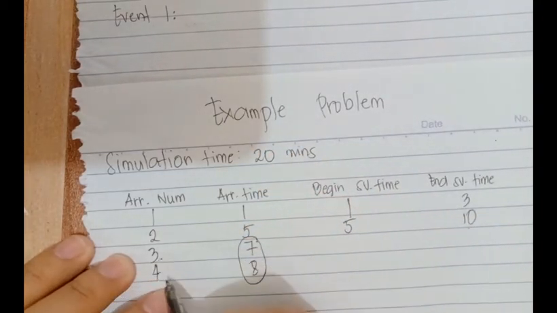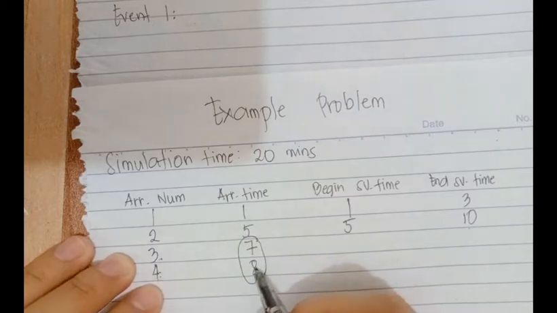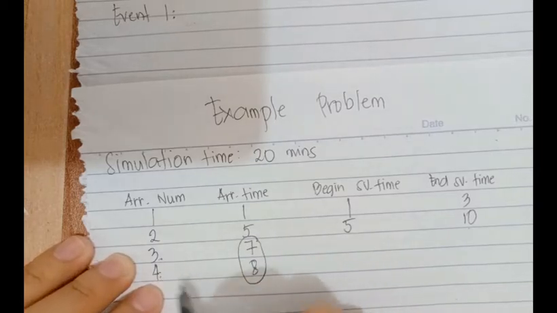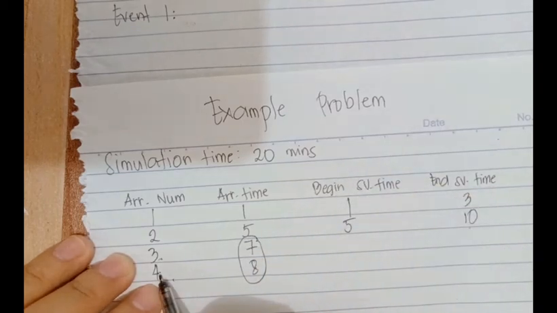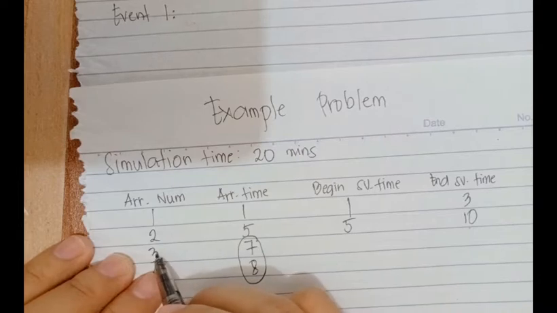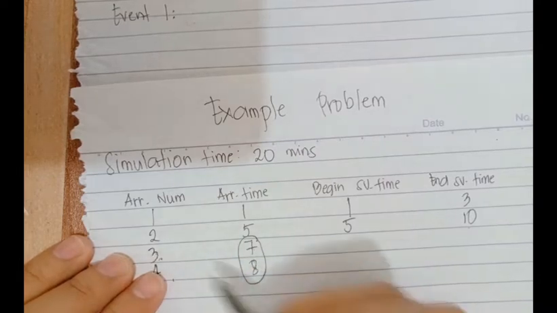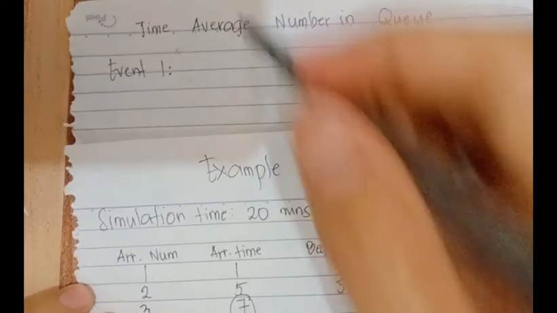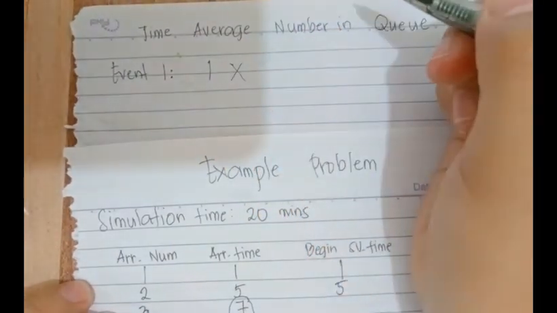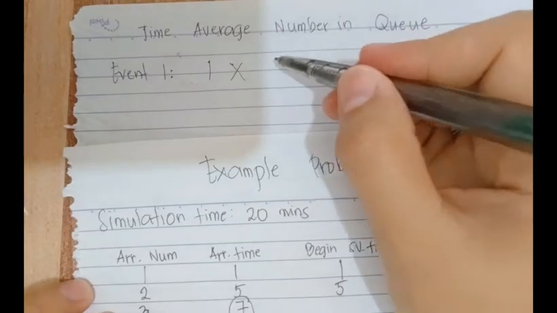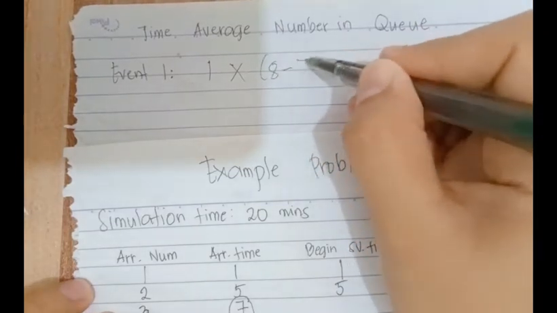Why is entity 4 not included? Because it has only just entered at 8 minutes, so it is not included. Only one entity from 7 to 8 minutes, entity 3. Therefore, 1 times our period of time or relevant event, 8 minus 7.